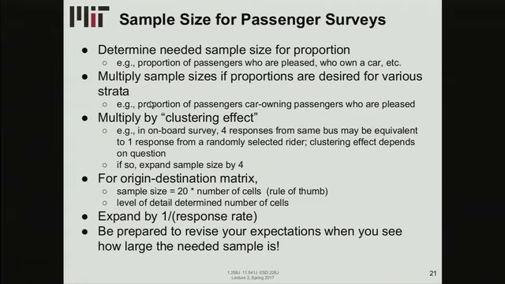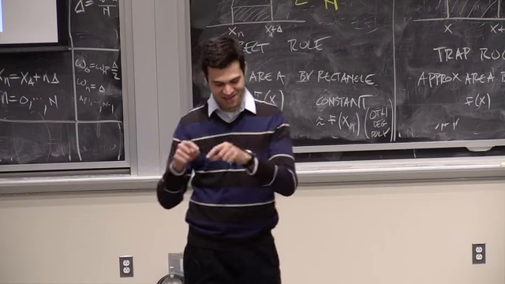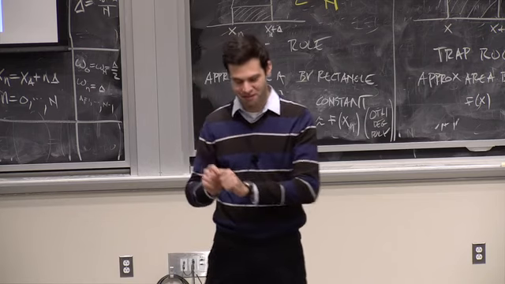For example, if you're looking not just at boardings, but at the proportion of passengers who are car owning and who are pleased, you could independently measure pleased, and independently measure passengers who own a car, and you might have the tolerance you need on each one. But if you want the combination of those, now you need a higher sample, because you need that number for the combination of those things.